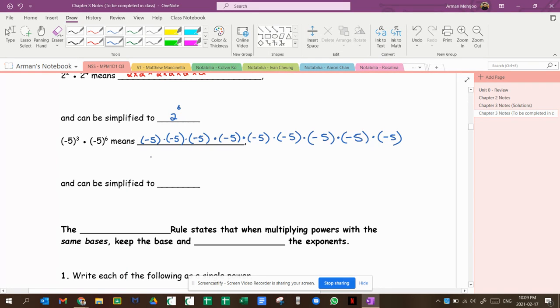How many negative 5s do you have in total? Well, the base is negative 5. I count them all up, and it looks like I'm going to have 9 of them.